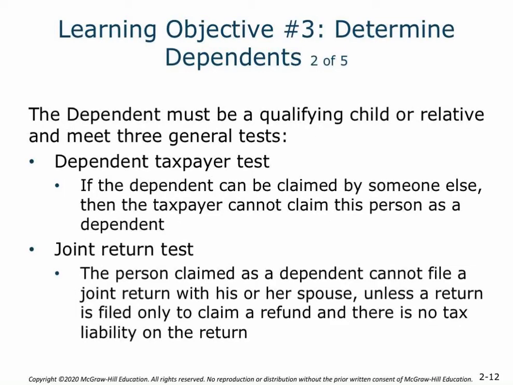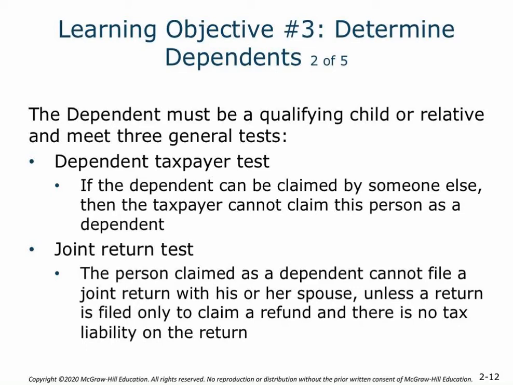So before we get into the specific tests, there are 3 general tests the dependent needs to meet as well. One is called the dependent taxpayer test, and if a dependent can be claimed as a dependent by someone else, then the taxpayer cannot claim this dependent on their return. So you can only be claimed as a dependent on someone's tax return once.